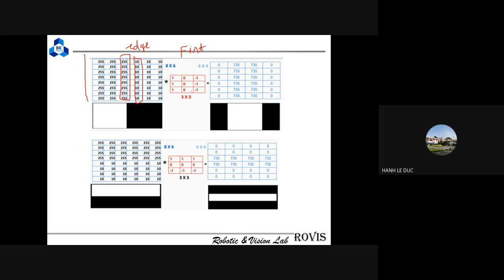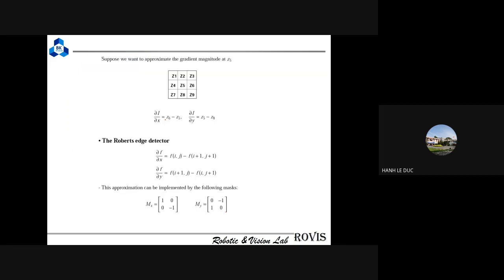We apply the mask, and then we have this one. Here we have this one. And then this one is for the horizontal. Why for the horizontal? Okay, we have this one. So this one, we apply the mask on the image. All right.